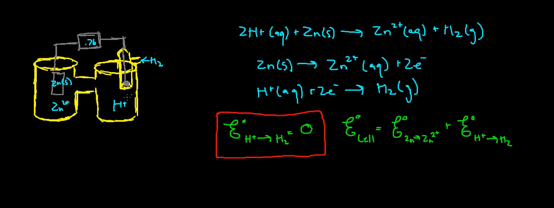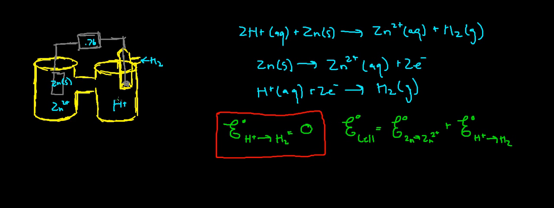So basically what they did was they said that the standard reduction potential of this, hydrogen absorbing two electrons and turning into gas, is equal to 0. Because when we have a voltage here, something like 0.76, but if one is trying to make a comparison, it's difficult to compare to other things.